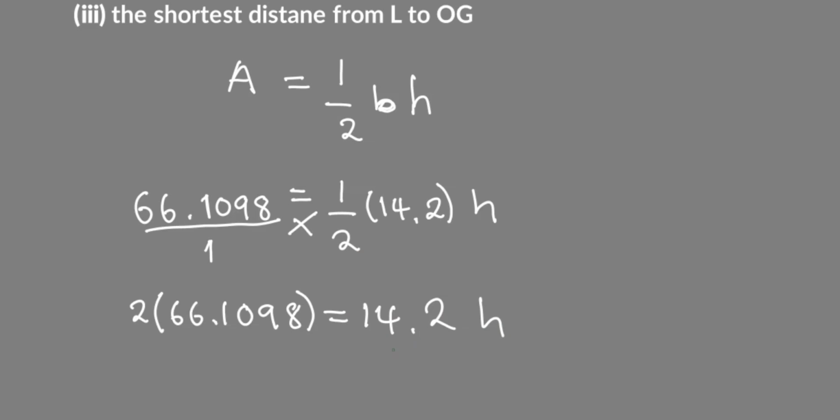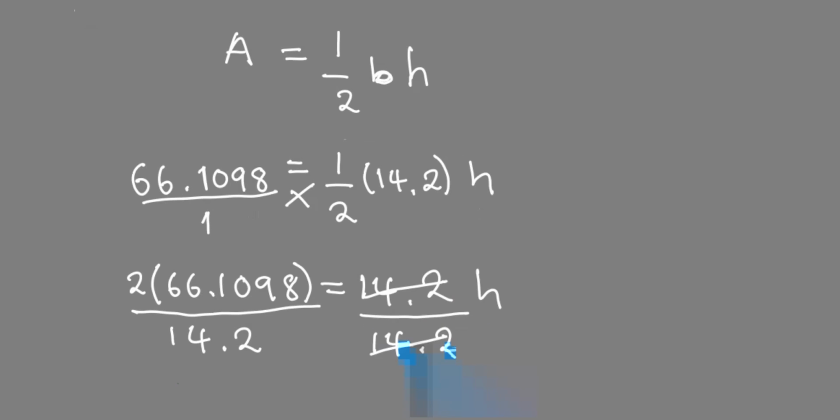And we can find the value of h by just dividing both sides of this equation by 14.2. This 14.2 here will cancel out and we're just going to have the value of h. Since we've cancelled out the 14.2, we're just going to have h if we work out what's on our left side here.